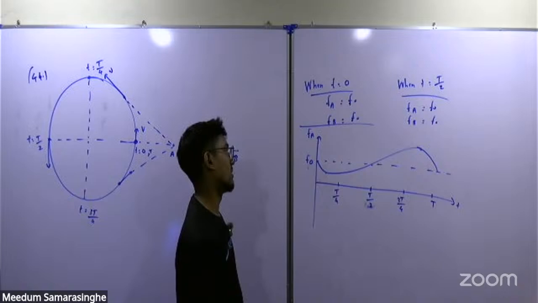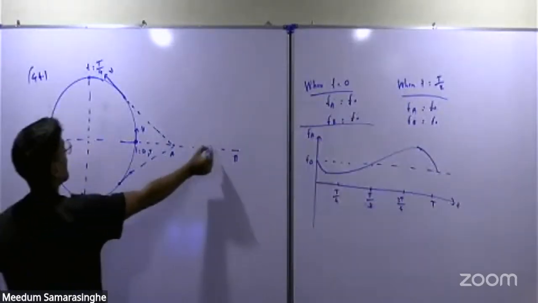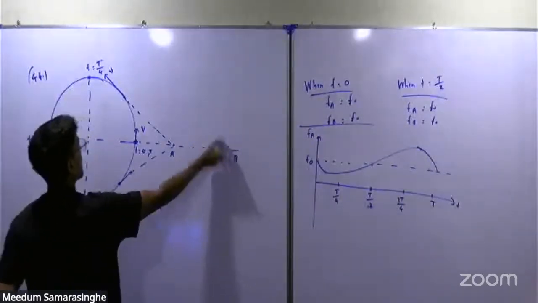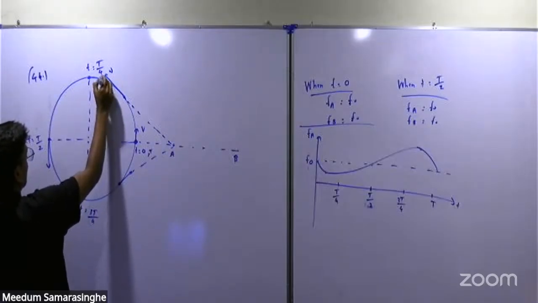But when you consider the frequency variation of B, at which point is the source moving away? Somewhere like this, right?